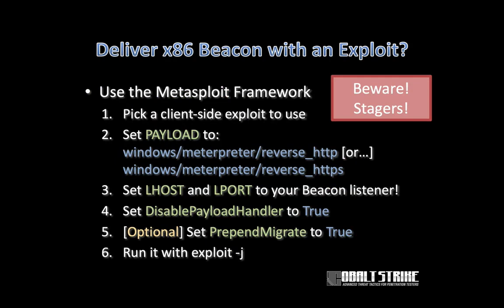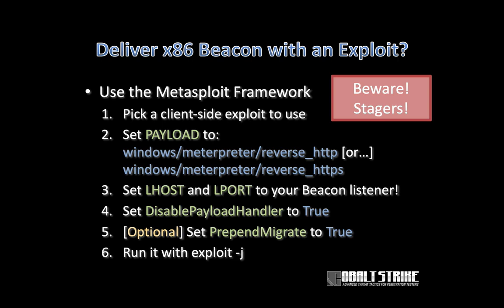Let's say there's a really cool module in the Metasploit framework, and you would like to use that to deliver Cobalt Strike's beacon payload. Well, here's how you use the Metasploit framework to run a 32-bit beacon. First, pick an exploit that you would like to use. Second, set payload to Windows Meterpreter reverse HTTP for an HTTP beacon, or Windows Meterpreter reverse HTTPS for an HTTPS beacon.